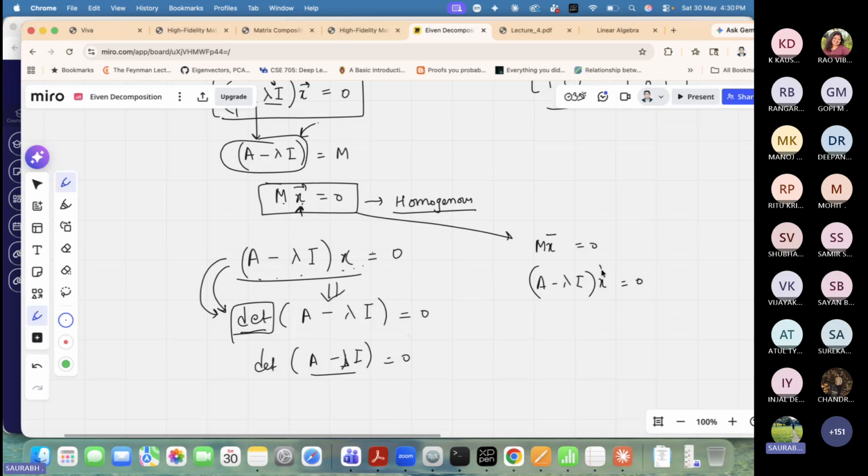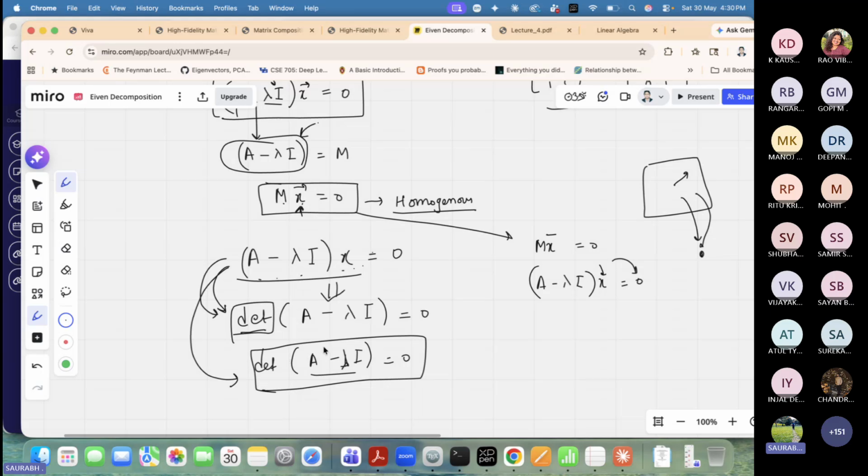If the vector is getting to 0, it means that the entire space, the two-dimensional space, is getting collapsed to a point. When the space gets collapsed to a point, the concept of area is not at all there, right? Hence, determinant would be 0. And that's why we write it as determinant.